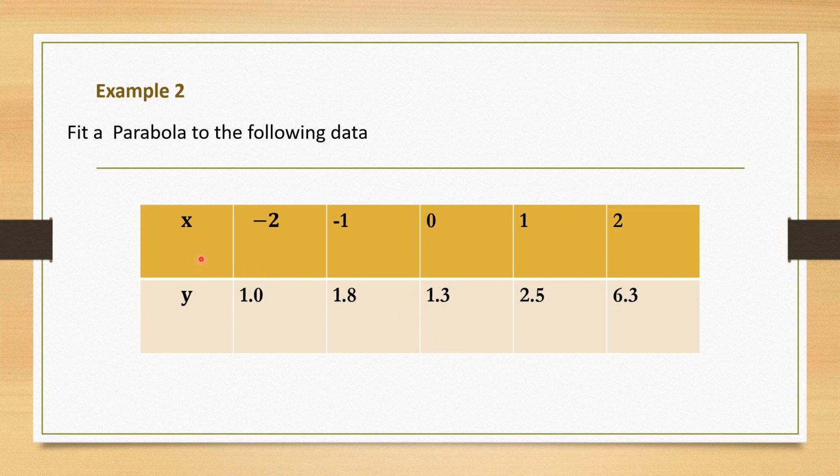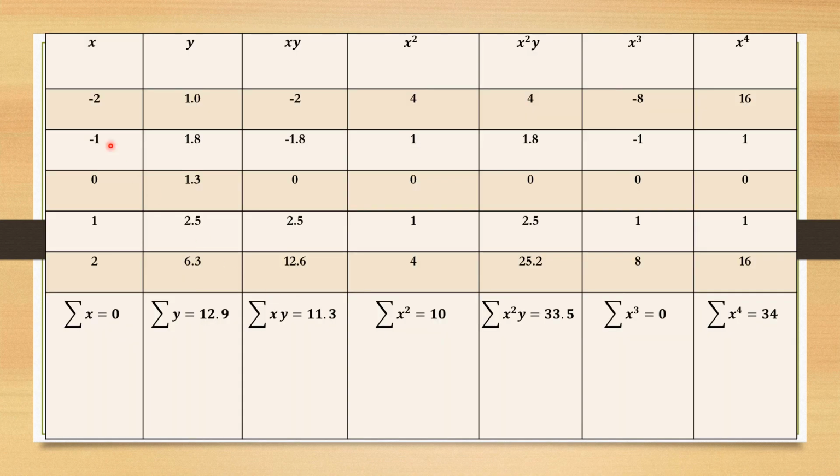Now again we have to form the column x, y, xy, x square y, x cube and x raised to 4 as in the previous problem. X and y values are given in the problem.